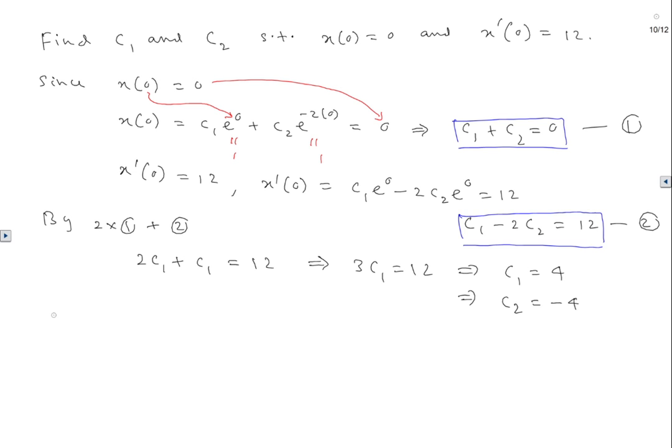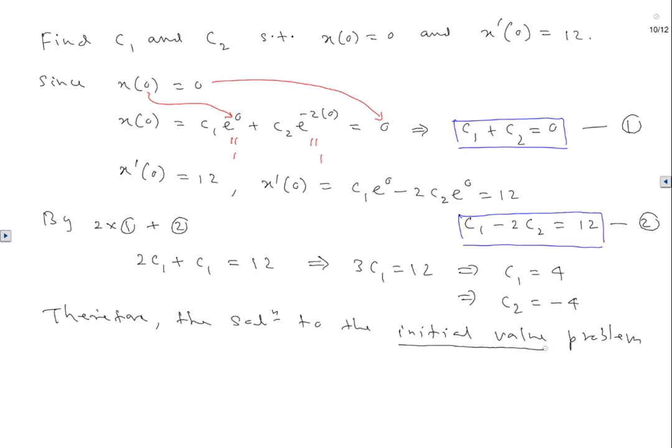Therefore the solution to the initial value problem.